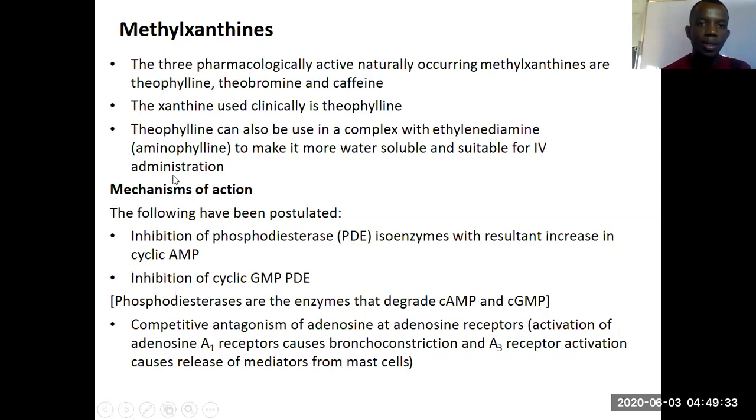Then we have the methylxanthines. The three pharmacologically active naturally occurring methylxanthines are theophylline, theobromine, and caffeine. The xanthine used clinically is theophylline.